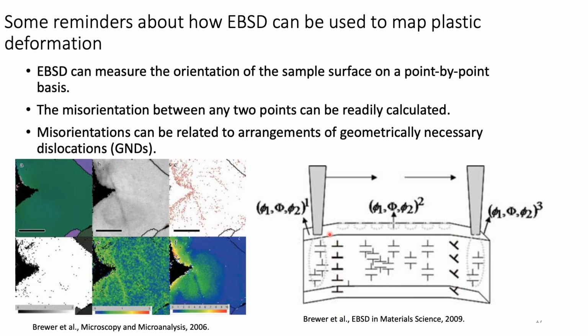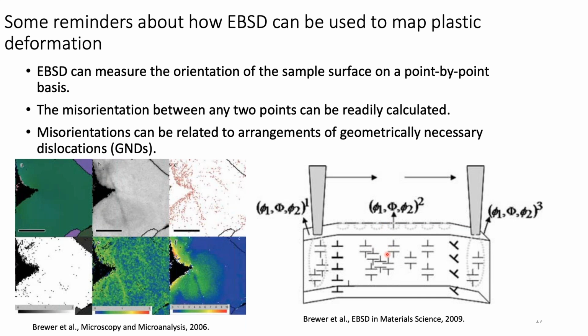These are basically large Burgers vectors, and so when I cross them, it causes a rotation or a tilt in the material. Now, there are other kinds of dislocations, statistically stored dislocations, and those have a zero net Burgers vector. So when I march across here with my electron probe, I don't actually measure any misorientation or rotation of the crystalline lattice, but there are still dislocations. So that's just something to keep in mind.